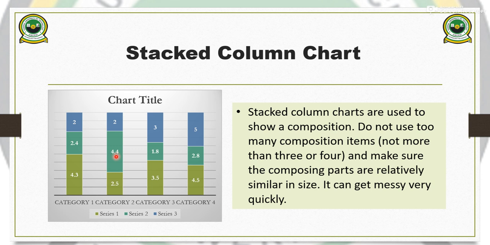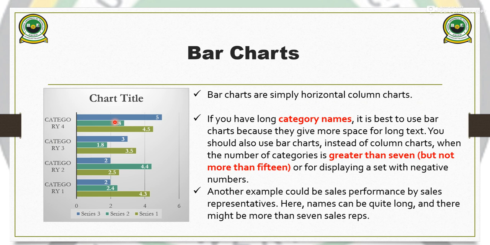It can get messy very quickly if you use more than 3 or 4 composition items in a stacked column chart.